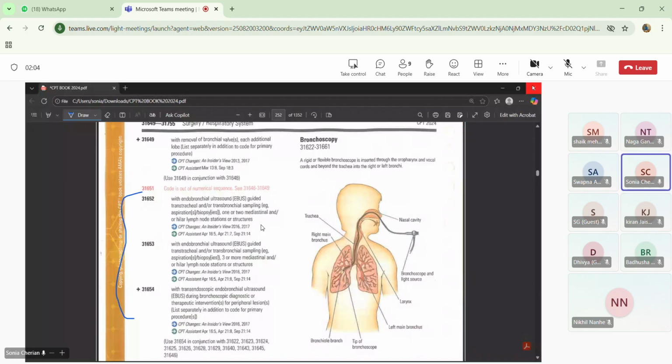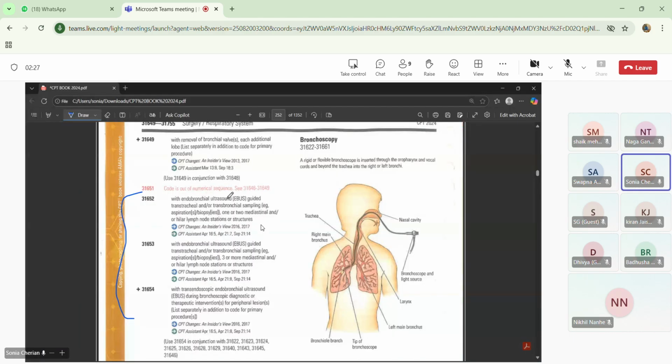So EBUS is nothing but endobronchial ultrasound, that is, ultrasound-guided sampling. If they are doing any sampling or biopsies from the lymph node stations, then 31652 you can see here.